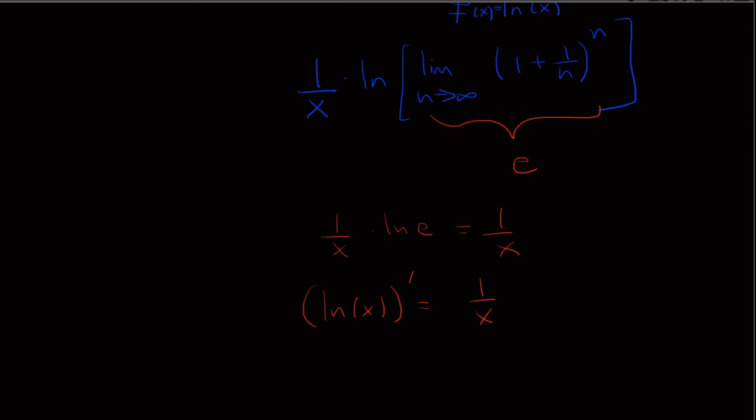The next question you might be asking is, what if we had a different base? Because for natural log of x, we know that the base is e, so we can rewrite it as log base e of x. If we were to do the proof with log base b of x, the proof would be very similar.